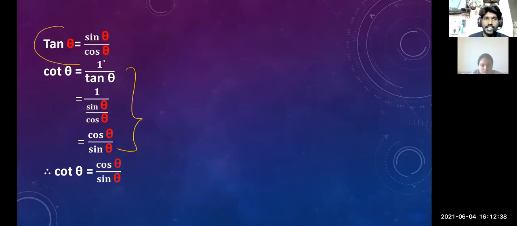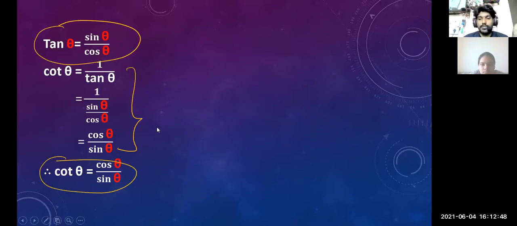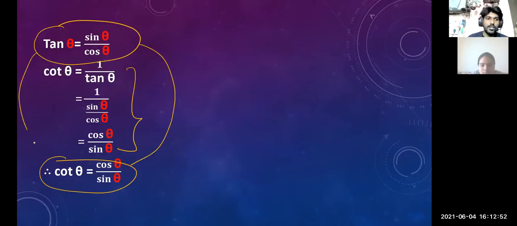But you know, tan is sine upon cos and cot is the reciprocal of that, so cot will become cos theta upon sine theta. These two are very, very important. You have to keep these in mind: tan in terms of sine and cos, cot in terms of sine and cos.